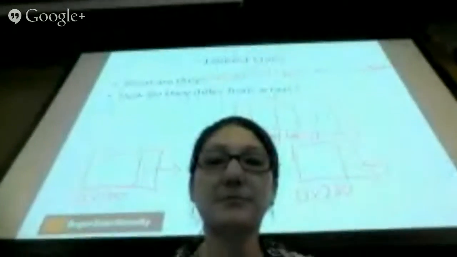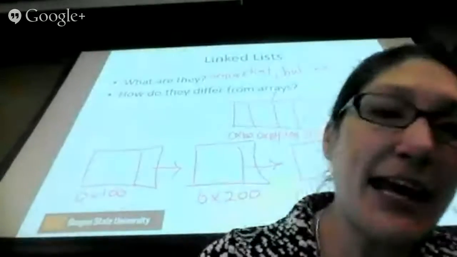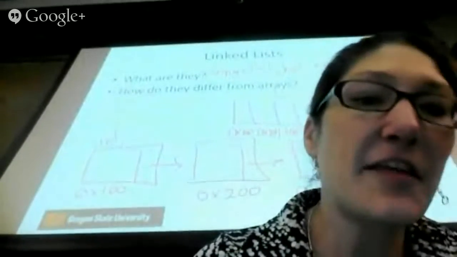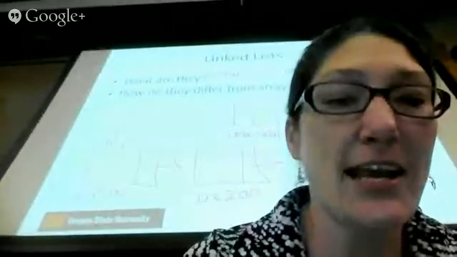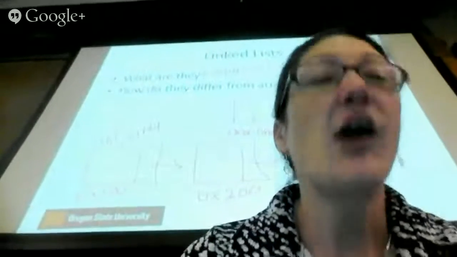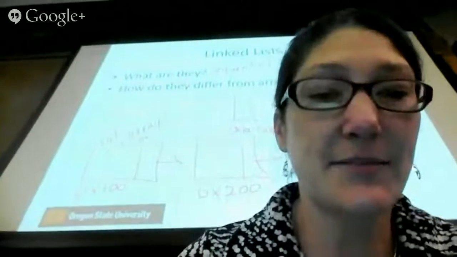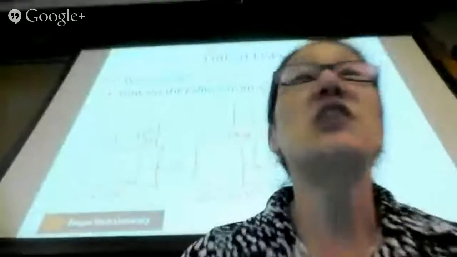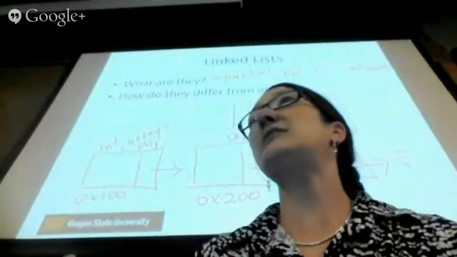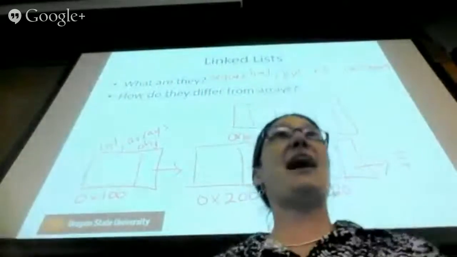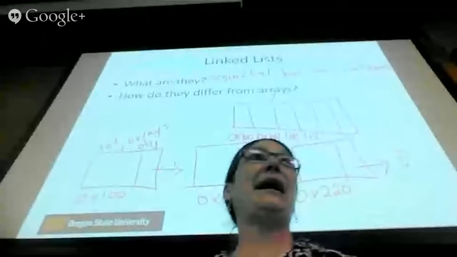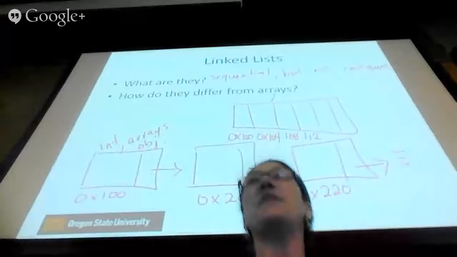That's the difference here. These can be ints, they could be arrays, they could be objects, they could be other linked lists. It doesn't matter. It's something along with a pointer.